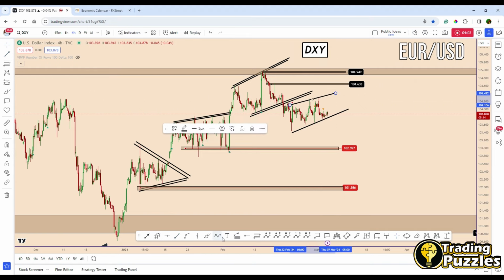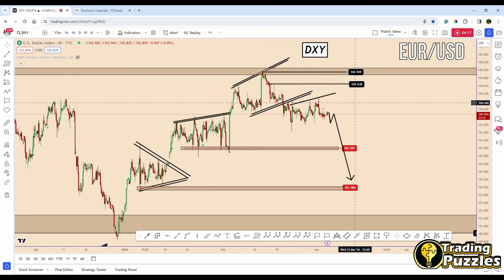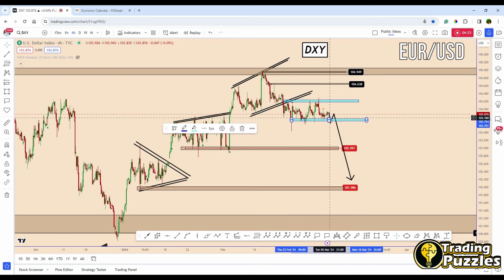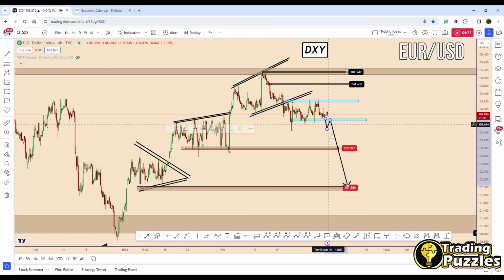It is likely that we can see the beginning of a bearish movement from this point here if the price breaks down, and we can see a bearish wave happening. However, we have to be very careful. Probably we can also be in this type of small range trading pattern here, and once the price breaks, it may continue lower.